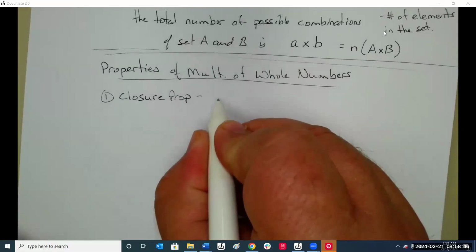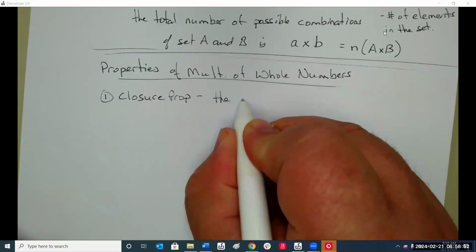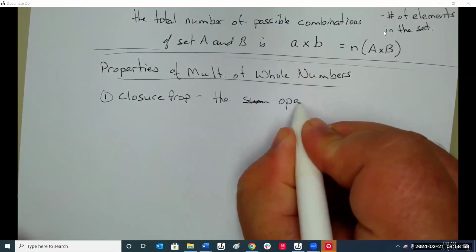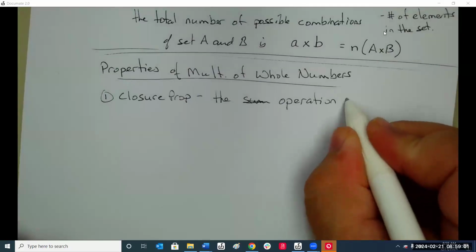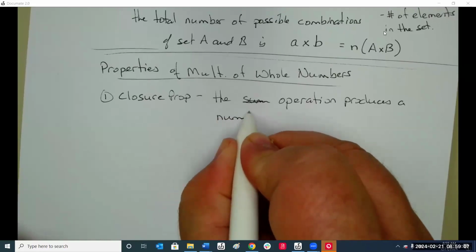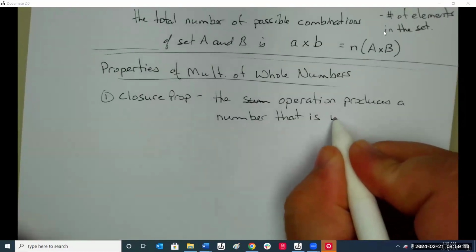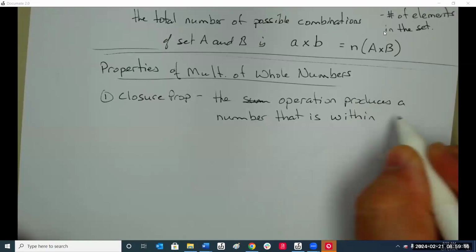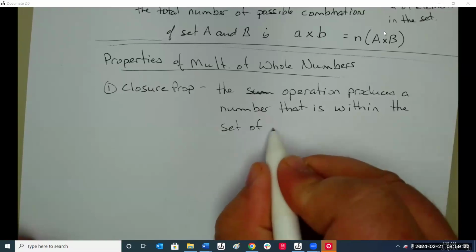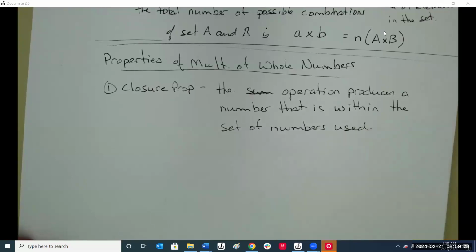Closure means that the sum, or actually the operation, produces a number that is within the set of numbers used.